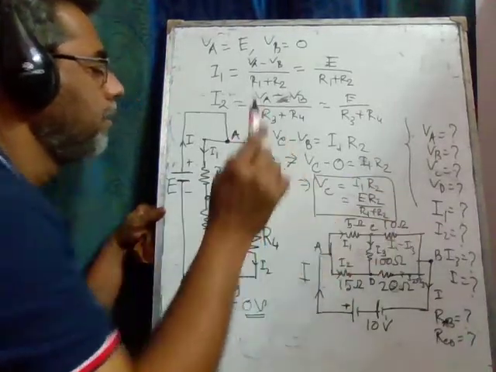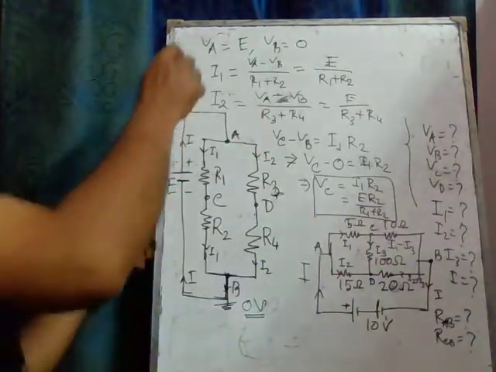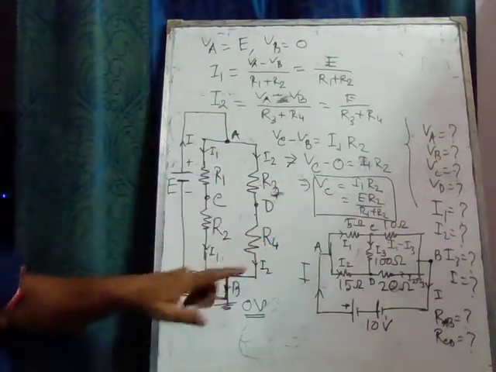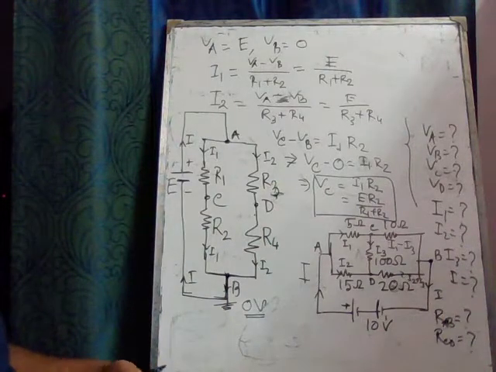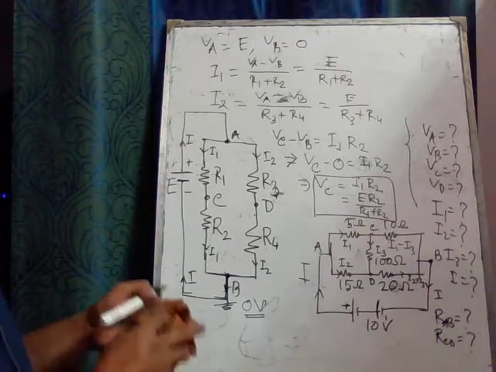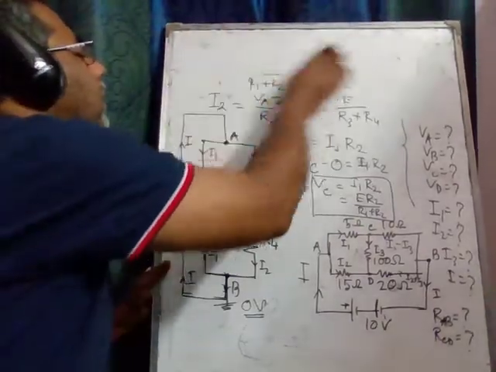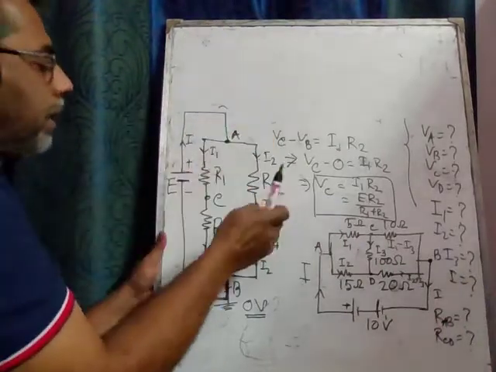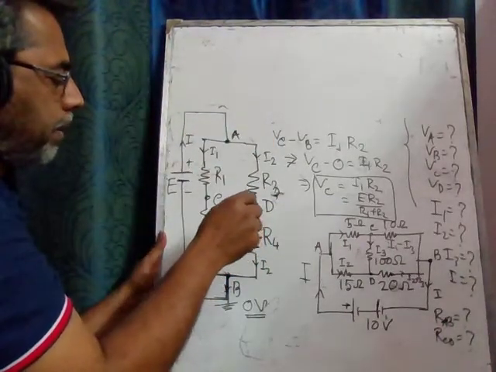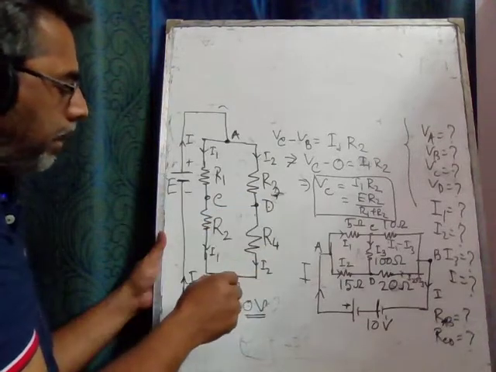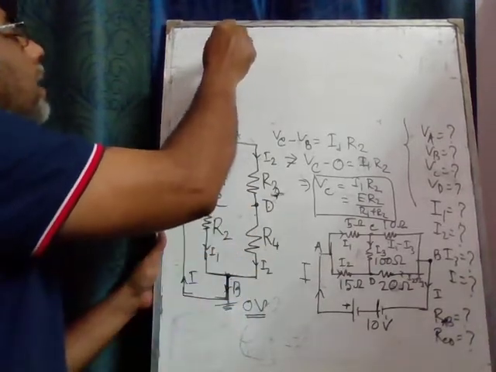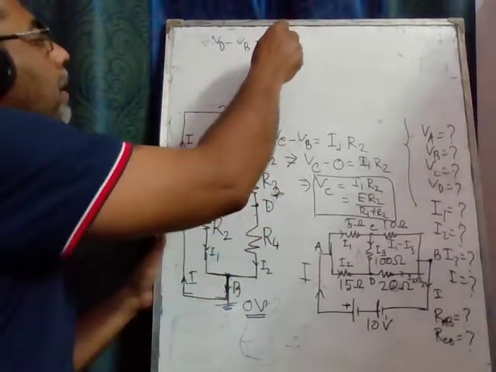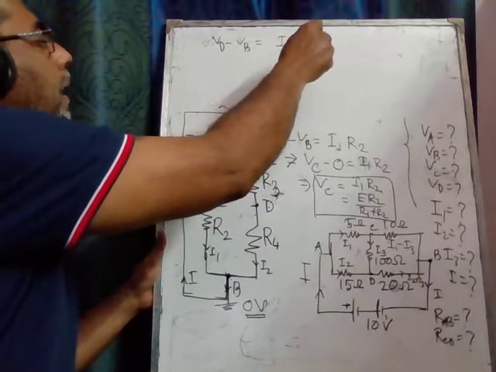So this is VC. So we got VA, VB, VC, and now I want to find VD. So what is VD? Very simple. We take the potential difference between point D and point B, VD minus VB, which according to Ohm's law is I2 times R4.